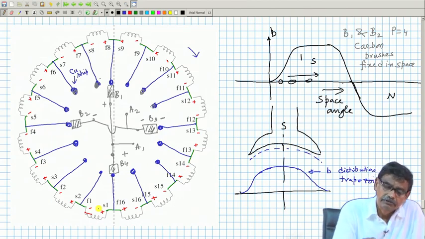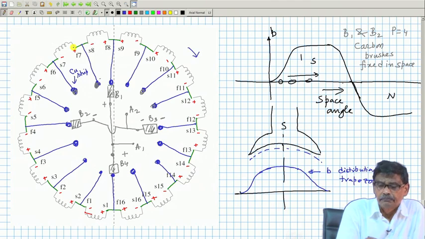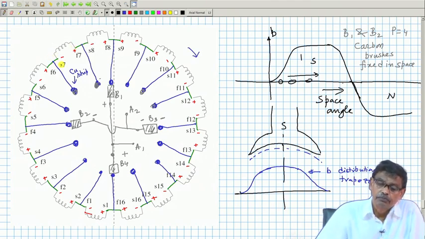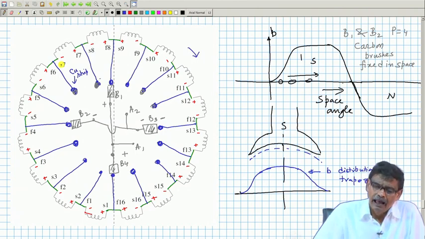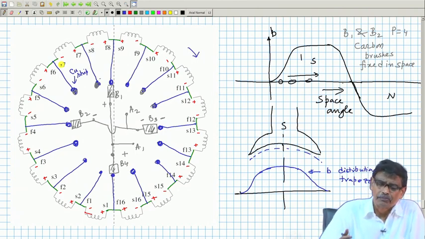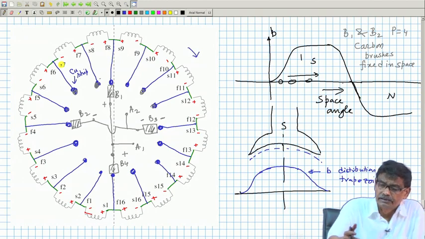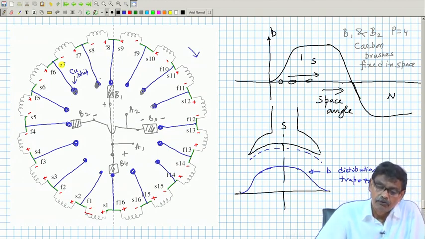That is, suppose the 7th coil has start S7 and its finish is the other coil side F7. And if at any point of time this coil side S7 is under the north pole, F7 has to be under the south pole.